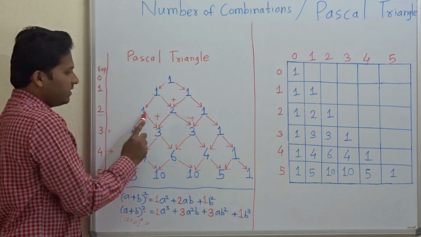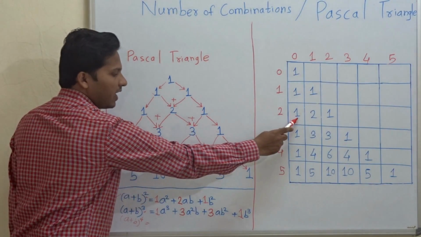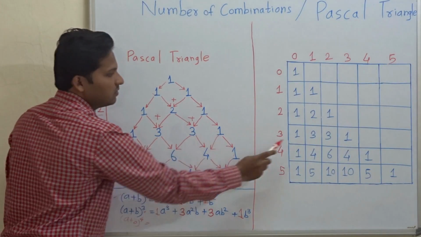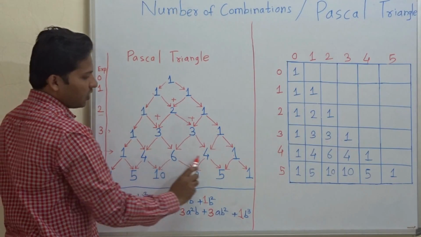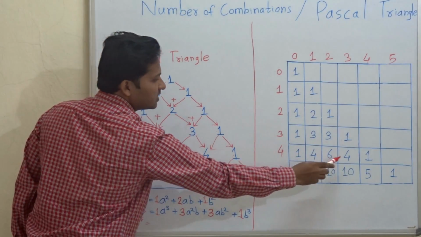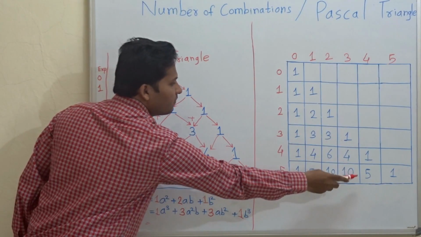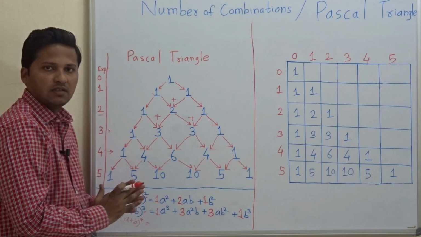Then the second row 1, 2, 1. Then 1, 3, 3, 1. And similarly for this row 1, 4, 6, 4, 1. And for the fifth row 1, 5, 10, 10, 5, 1. I have written them as it is.